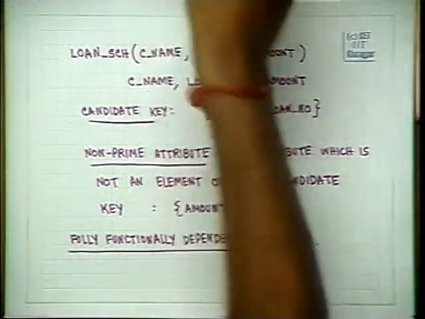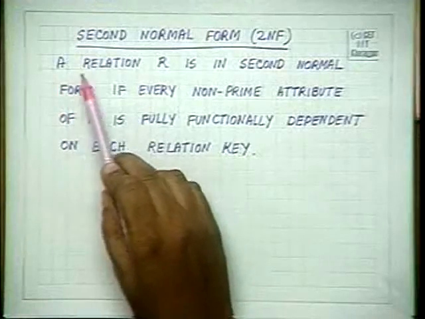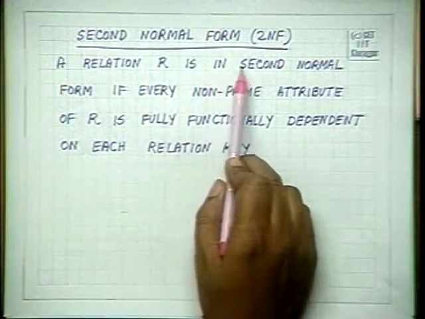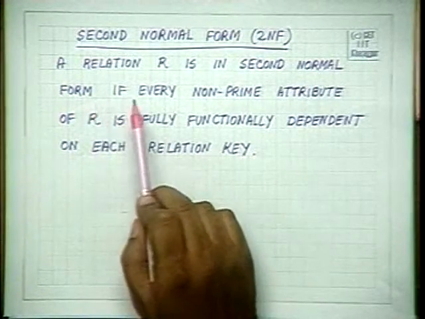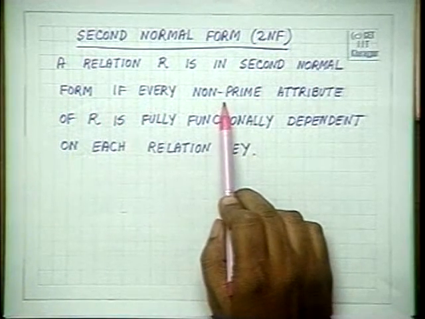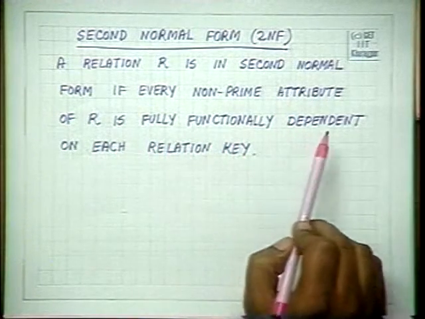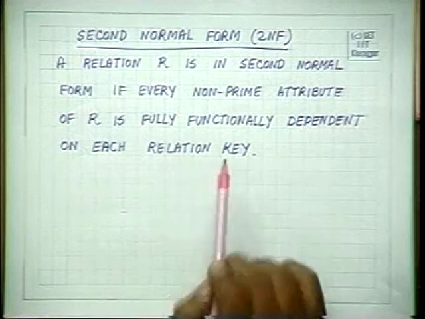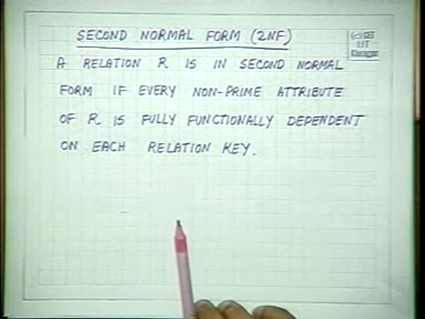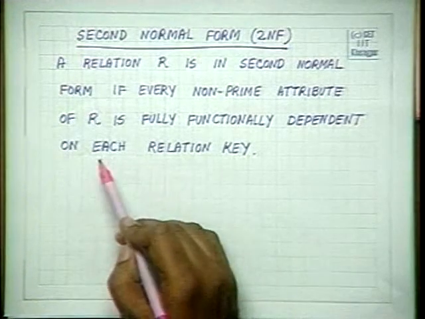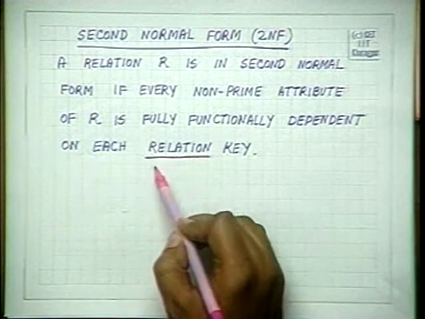Now, what does it say here? It says a relation R is in second normal form if every non-prime attribute of R is fully functionally dependent on each relation key. Each relation key means each candidate key.